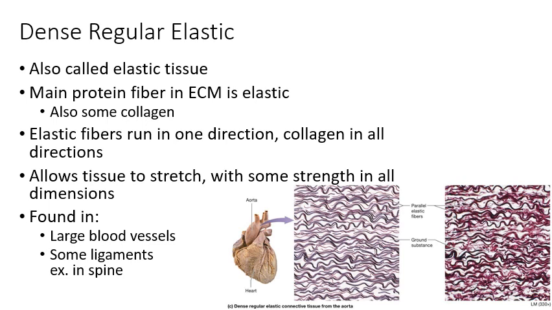So you need elastic tissue, or dense regular elastic tissue, to help with that. You can also find dense regular elastic tissue composing a few ligaments in your body. For instance, ones that connect your vertebrae to each other. And there it would be allowing your back to twist and then go back to its original alignment, so that you can turn your body around.